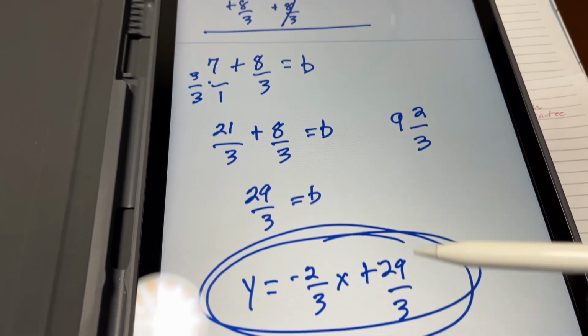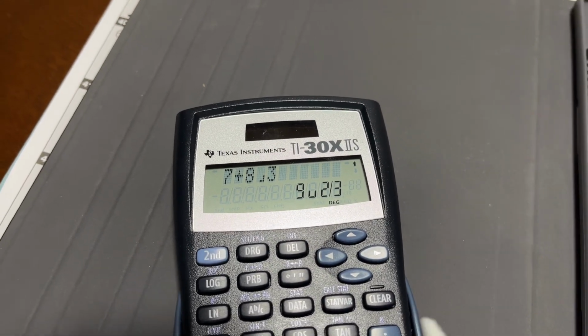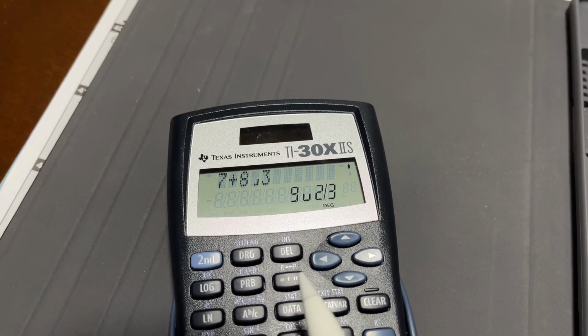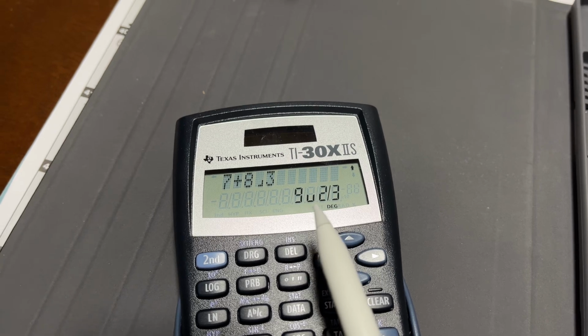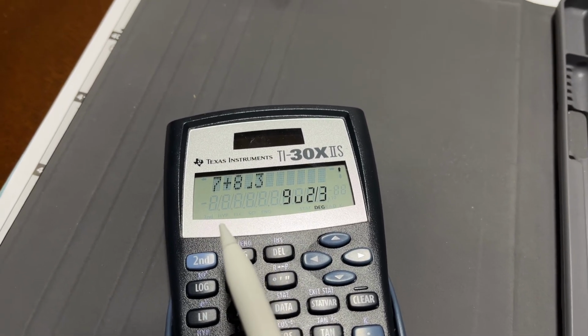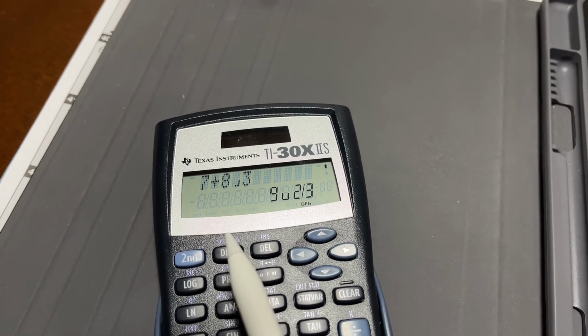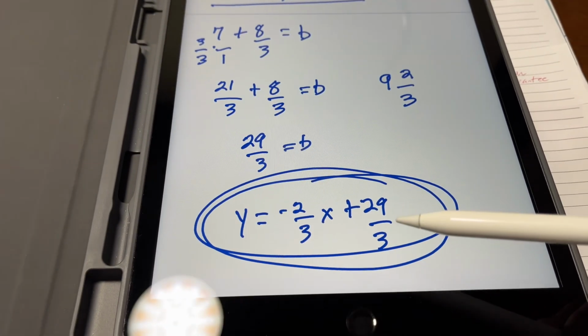So 9 and 2/3 is 29 over 3, and that's what we got here. So when you use the calculator like this, the TI-30, it's going to give you the answer as a mixed number if the number is larger than 1 when you get through adding these together. If it's not larger than 1, then it'll just give you the reduced fraction. But this is a mixed number, 9 and 2/3, which is 29 over 3.